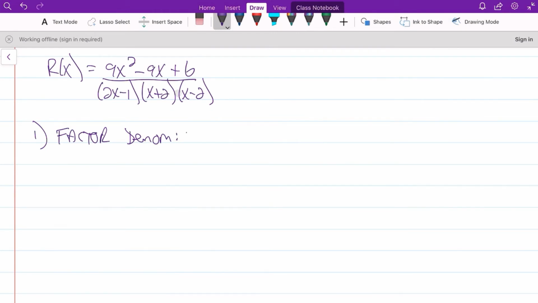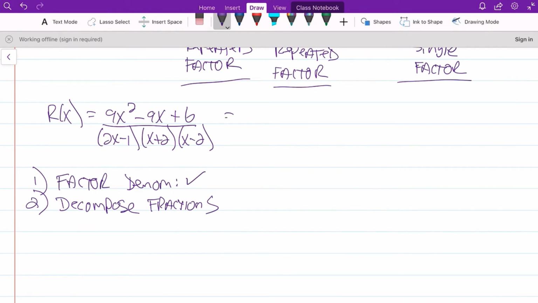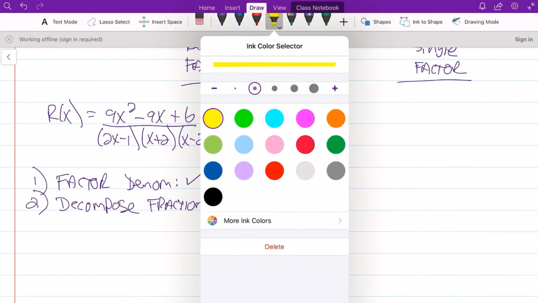All right, so you're going to factor your denominator, and then this is where you begin your decomposition. You're going to decompose your fractions. Okay, it sounds kind of morbid, but that's the terminology used. So here's how you do it. You're going to look at your factors in your denominator. Let me come back to my highlighter here.